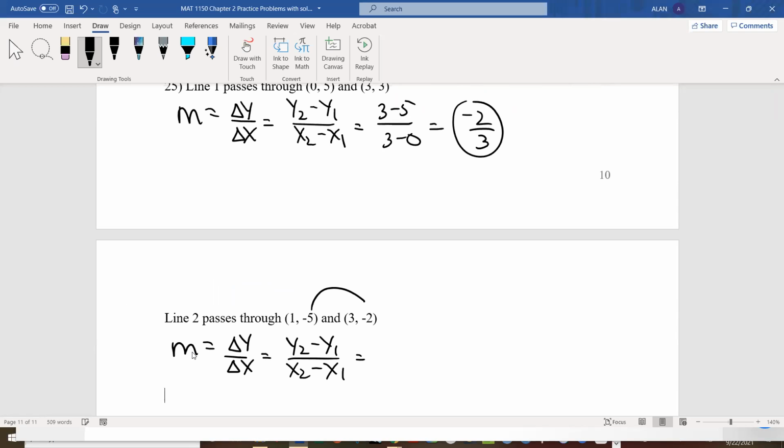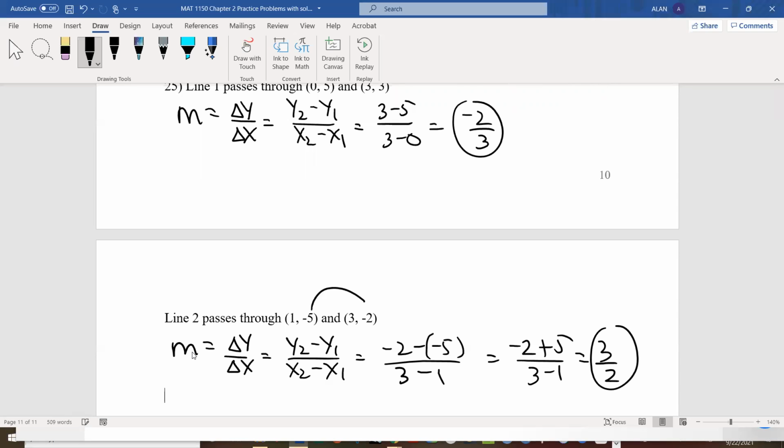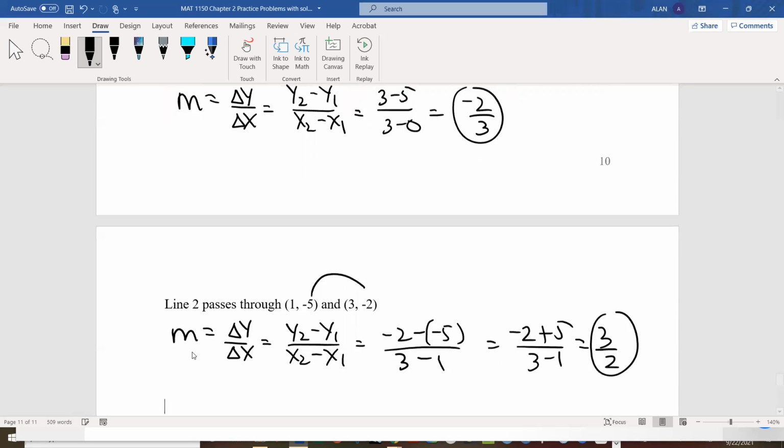So again, the difference in the y's, here we have to watch it because there's another minus. -2 minus -5. 3 minus 1. 3 over 2.